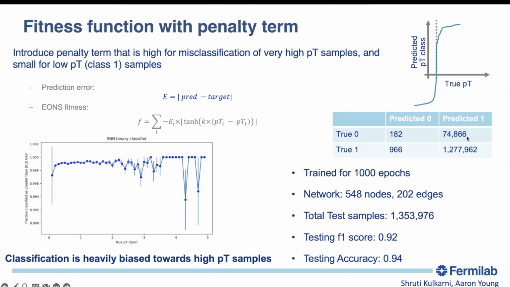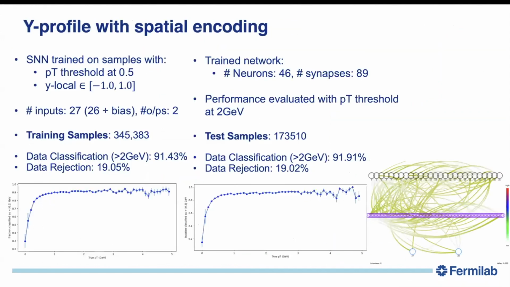But then our testing score went up, but we were also allowing a lot of low momentum tracks to just go through. So we were rejecting less than 6% or 12% of the total samples. So yeah, we went to one other extreme.